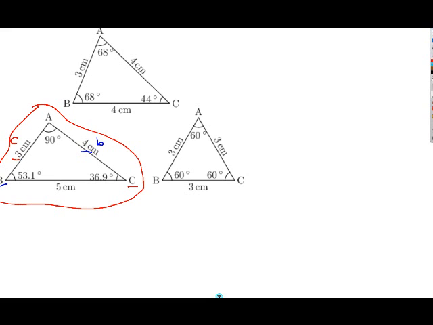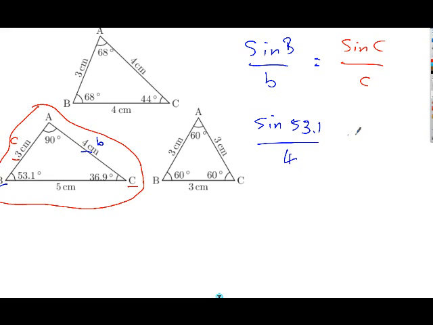So first of all, if I write down the sine rule, I take the sine of angle B divided by length B, I should get the same number if I do that for angle C and side C. So angle B is 53.1 degrees and length B is 4 centimeters. So dividing them should give me the same thing if I take the sine of 36.9 and divide it by 3 centimeters.